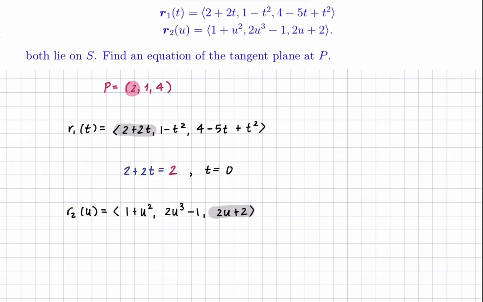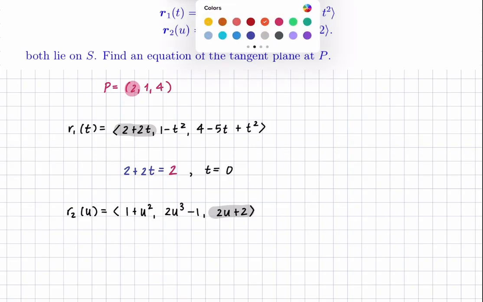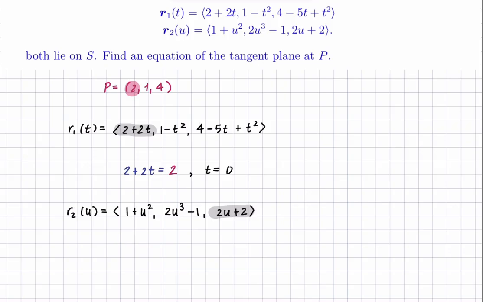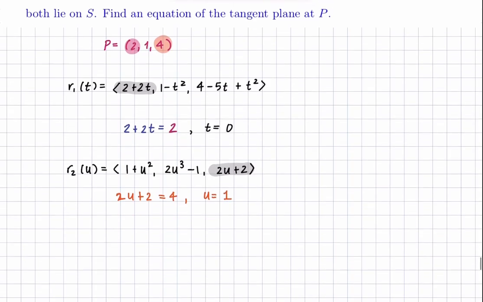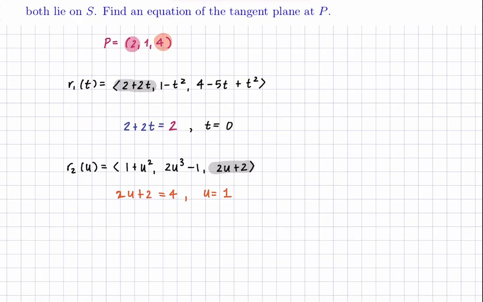So I'm going to do 2u + 2 and set this equal to the z component of my point P, which is 4. If I solve, I'm going to get u equals 1.